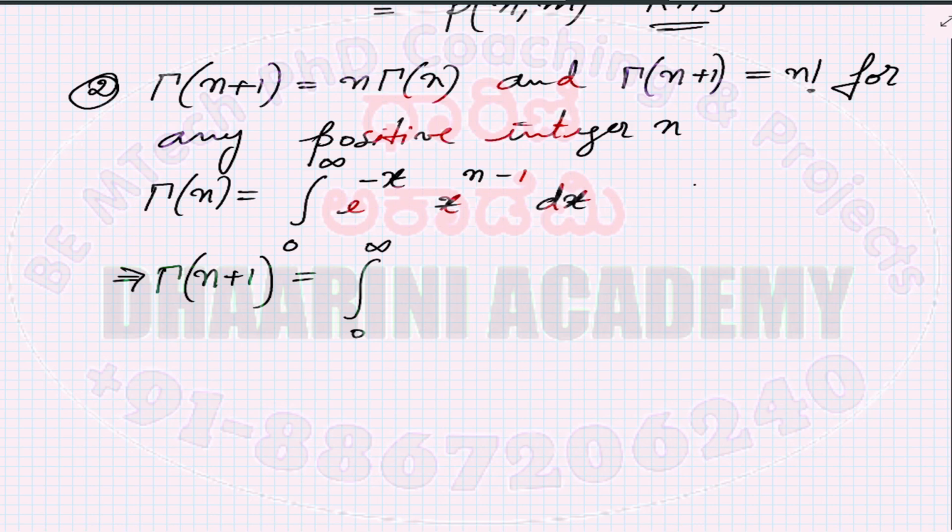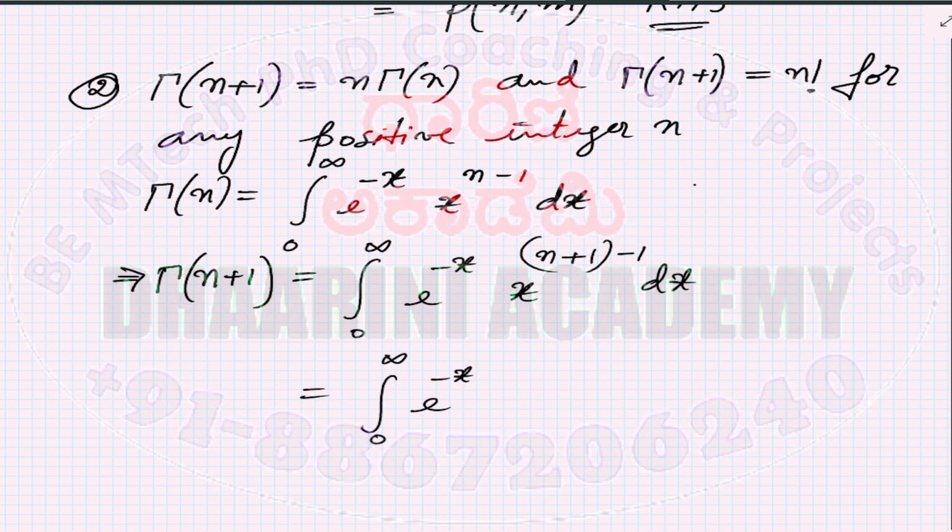I can touch only the n value, I cannot touch any other. So this becomes x to the power, you see that n is replaced by n plus 1, and there is a minus 1, into dx. So this is equal to the integral 0 to infinity e to the minus x into x to the power n dx.